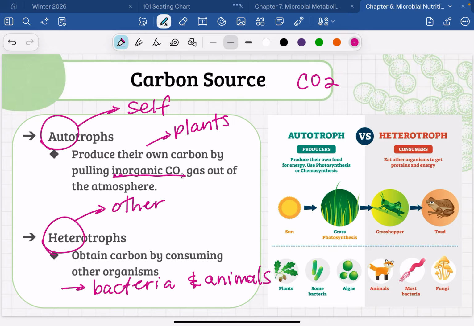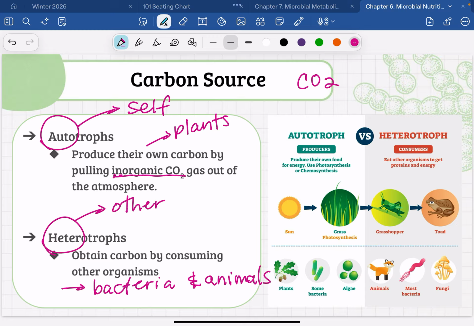So we kind of think of the autotrophs of the world as the producers, right? They're the ones that actually produce the carbon. They make it themselves by pulling it out of the atmosphere. And then the heterotrophs are the consumers. They're the ones that eat the organisms that produce the carbon. So things like grass and plants, some bacteria, some algae, pull the carbon out of the atmosphere.